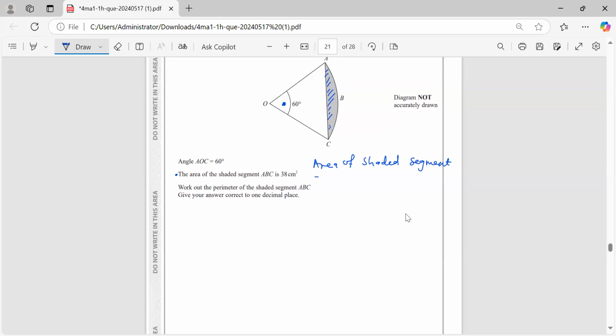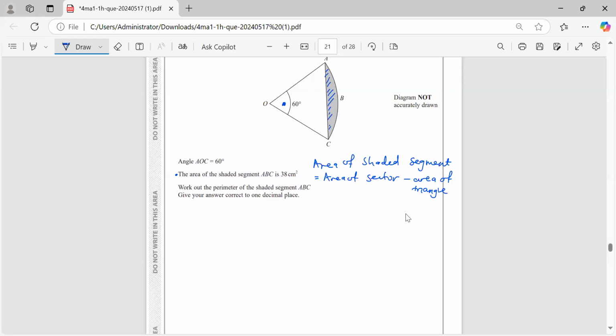They found the area of the sector and subtracted the area of the triangle from the area of the sector, right?